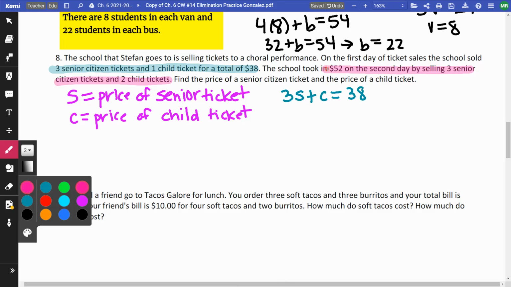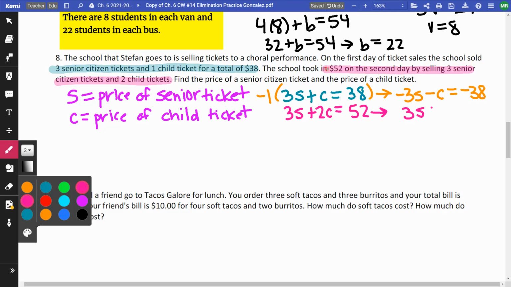I'm going to have that 3S plus 2C is equal to $52. I am going to multiply this top equation by a -1, and I'm going to get -3S minus C equals -38.